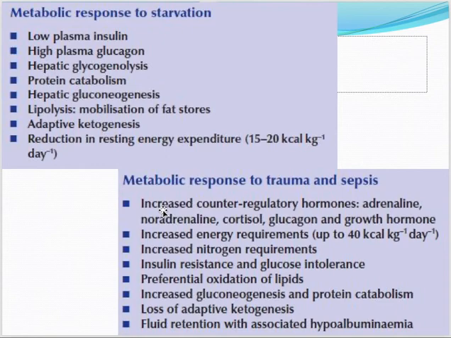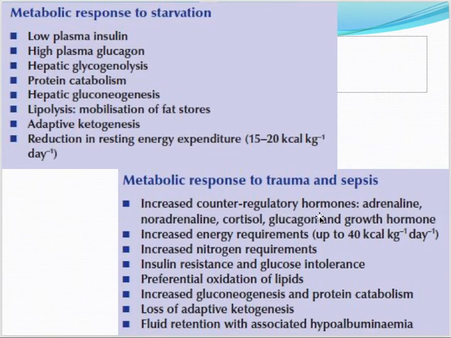So the pituitary, in response to trauma and sepsis, starts releasing cortisol, glucagon, and adrenaline. And in the chronic phase, there is hypothalamic suppression and low serum levels of the target organ hormones, or you can say all these hormones.